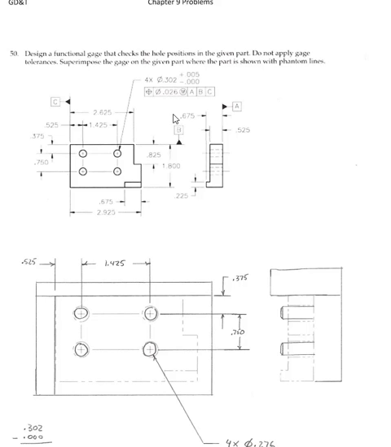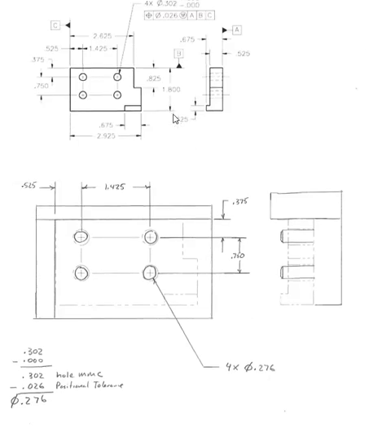To get the size of the pins right, we take our 302 minus 0, which is our size tolerance. That gives us our hole MMC of 302, and I subtract from that the 26 thousandths positional tolerance, and that 276 thousandths becomes my virtual condition for those holes.